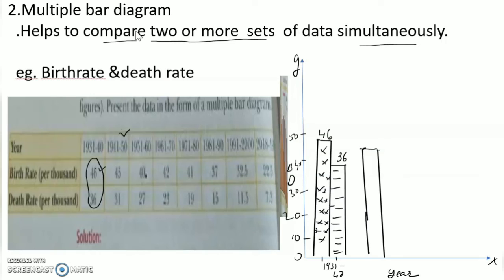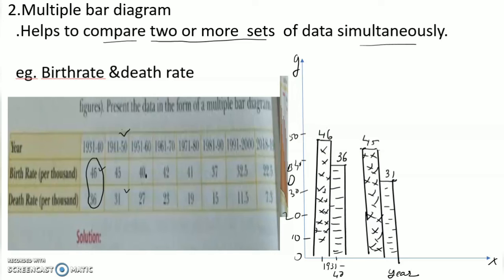So here I am writing 45, and the same cross mark I am giving in this bar. Then the next value is 31. Again I am taking 31 from here. It will come like this. The same dash sign I am giving here, and I am writing 31.